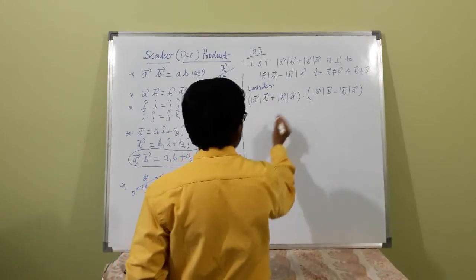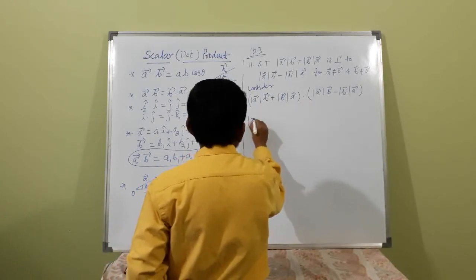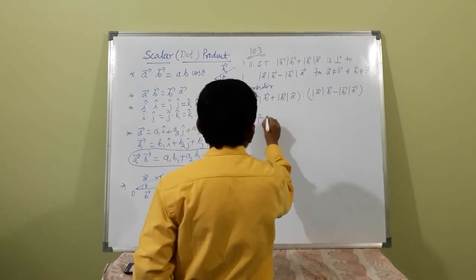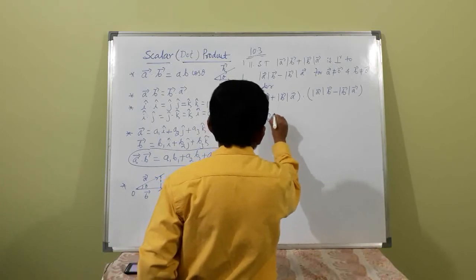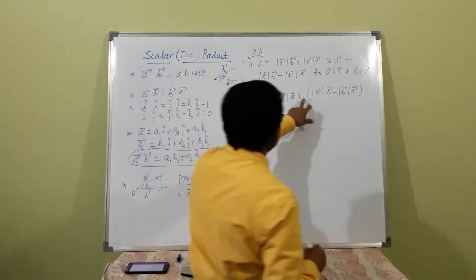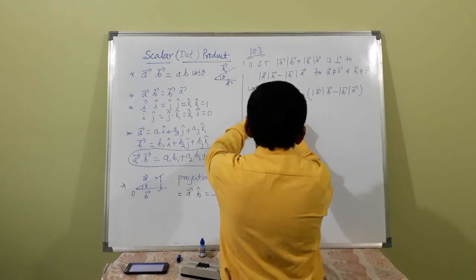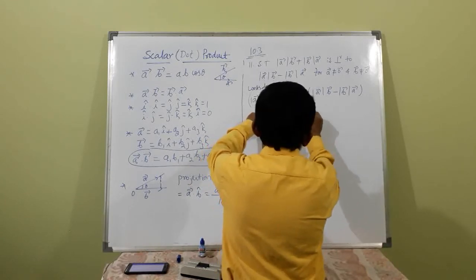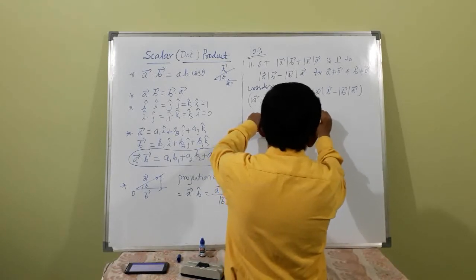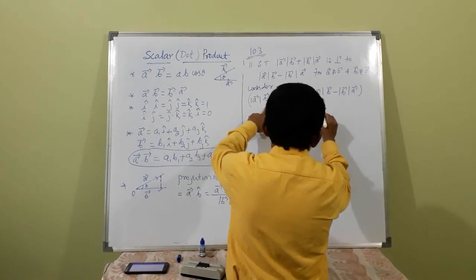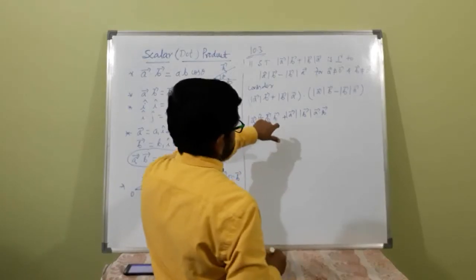That means magnitude of A squared, B dot B, okay, plus magnitude of A magnitude of B into A dot B, okay.